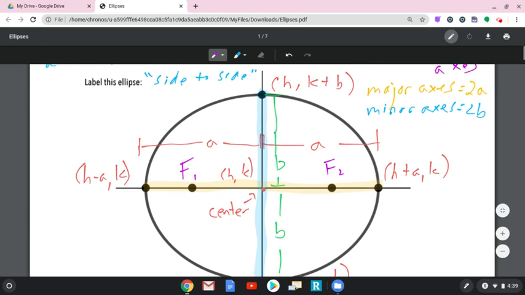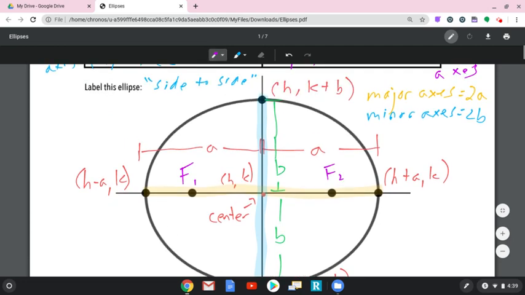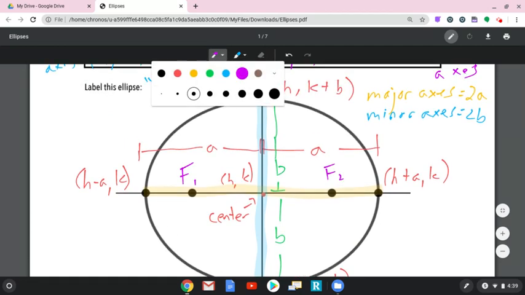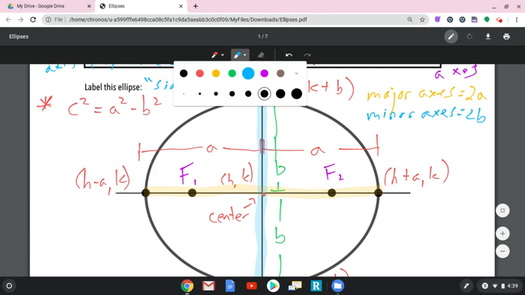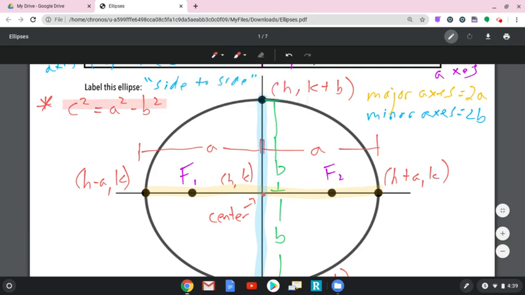How do I identify my focus points? Make a note, this is important, guys. C squared is equivalent to A squared minus B squared. This is important to help us determine our focus points.